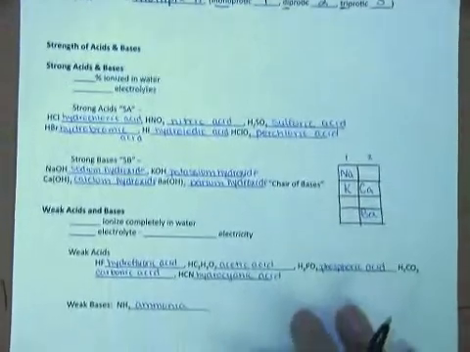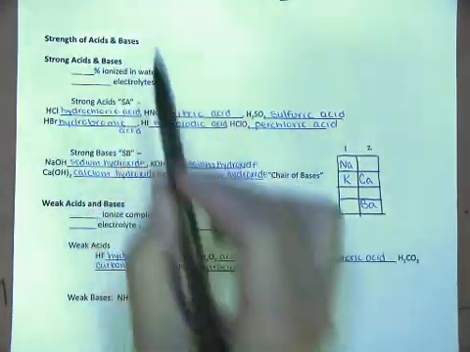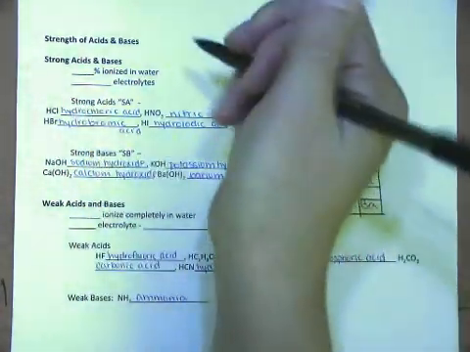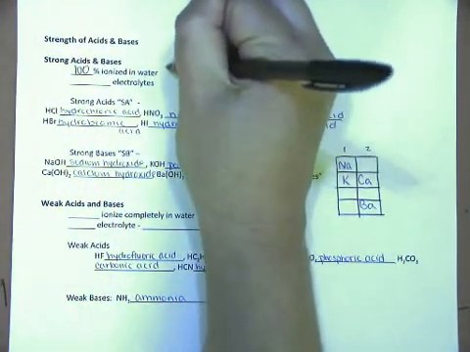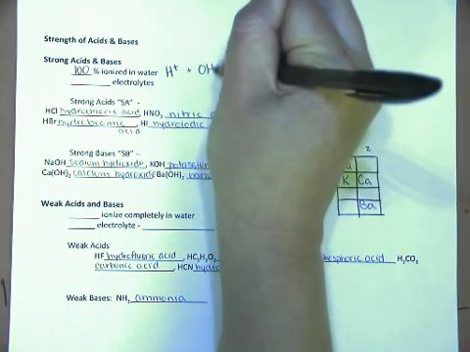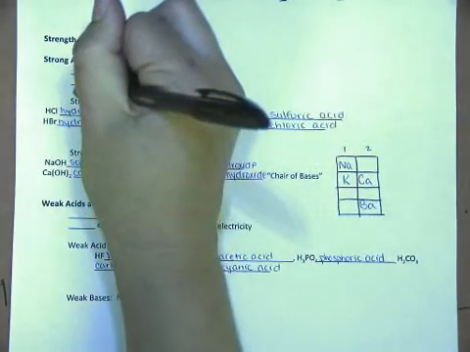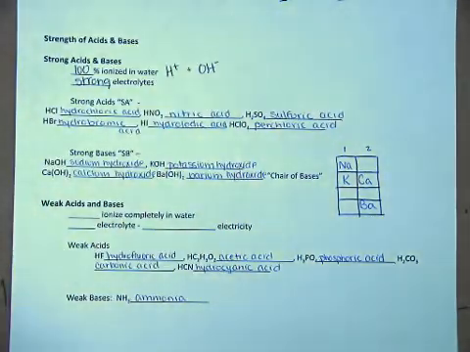We can also classify acids by their strength. We have strong acids and bases and weak acids and bases. Strong acids and bases are going to ionize in water 100%. So it's going to completely break into the hydrogen ions, and the hydroxide ions are going to completely break apart into solutions. That makes them strong electrolytes because we have lots and lots of ions floating around in our solution.